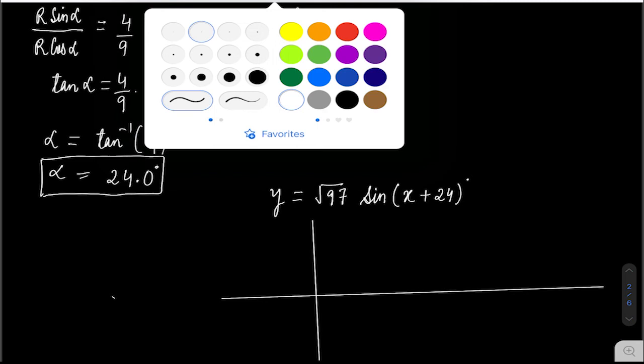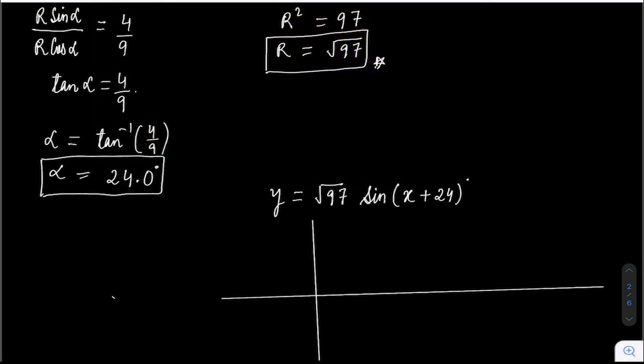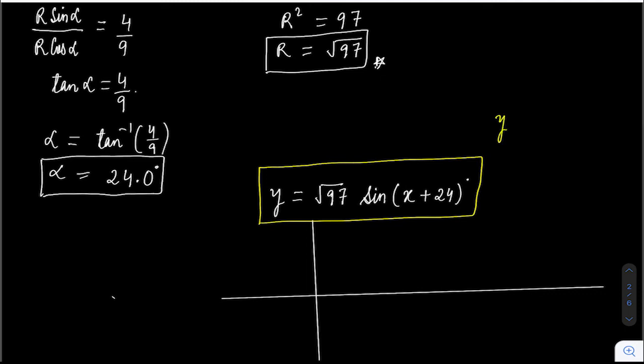Okay, so now one thing. We have already done this in transformations of functions. Sometimes they ask you what are the transformations required to transform the graph of y equals sine x to y equals root of 97 sine of x plus 24.